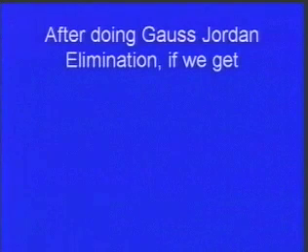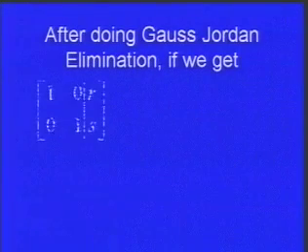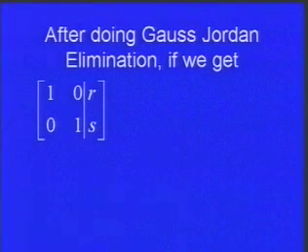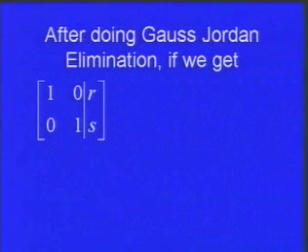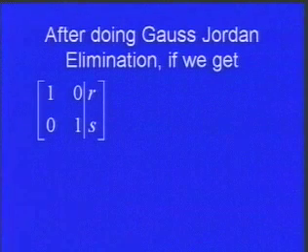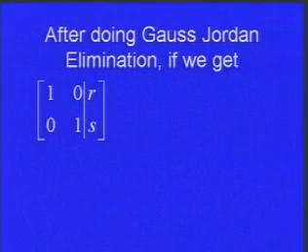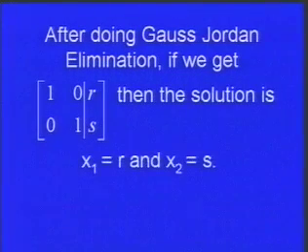After doing Gauss-Jordan elimination, if we were to get 1, 0, R, where R is some number in the first row, and 0, 1, S, where S is some number, then it would be very easy for us to write out the solution. The solution to this system of equations would just be x1 is R and x2 is S. Pretty straightforward.